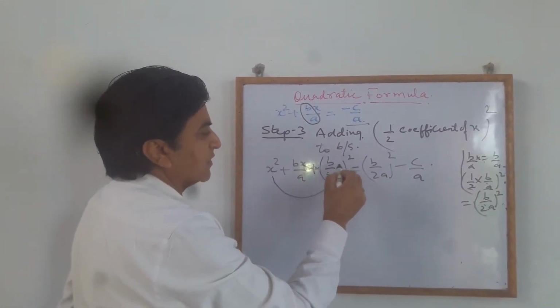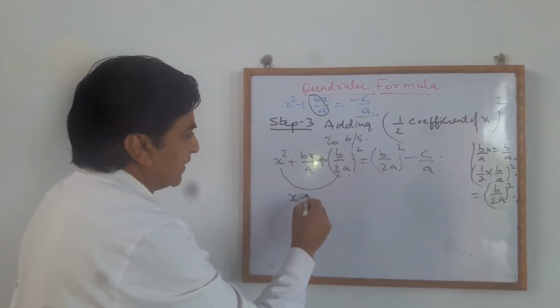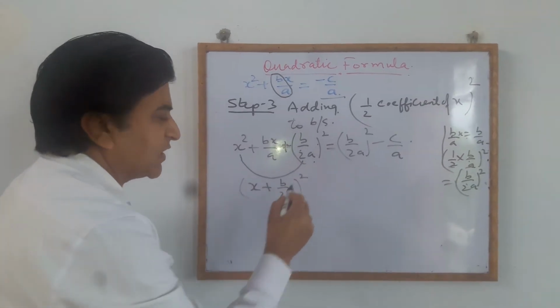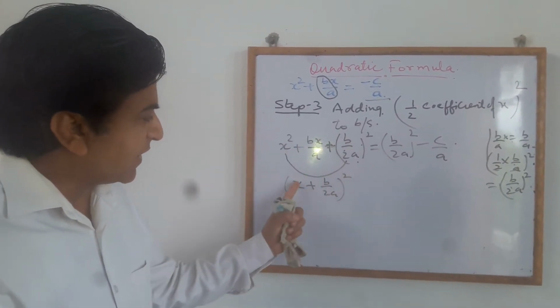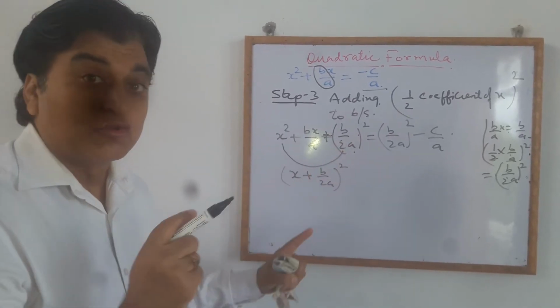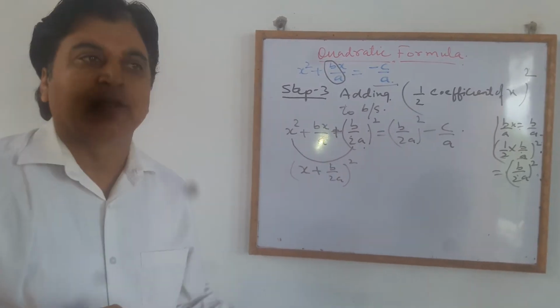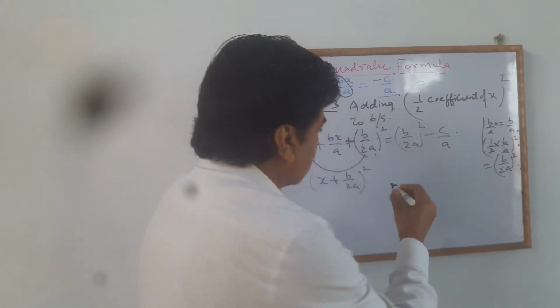Now if you look carefully, the square is completed here. It means x plus b upon twice of a whole square. You can check it by using the formula. If you open it, it will be equal to x square plus b upon twice a whole square plus 2 into x into b upon 2a. We can check it separately, and you too try it in your notebook.